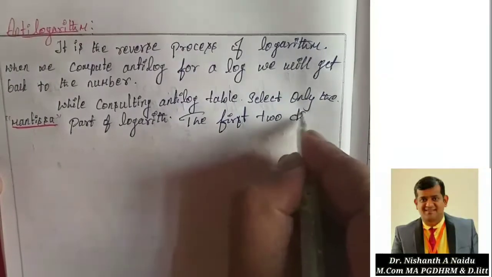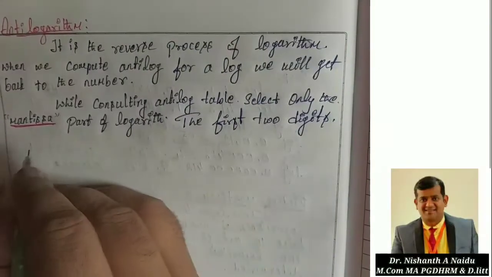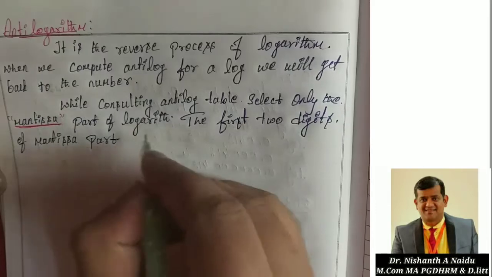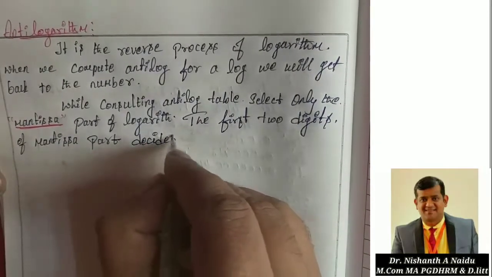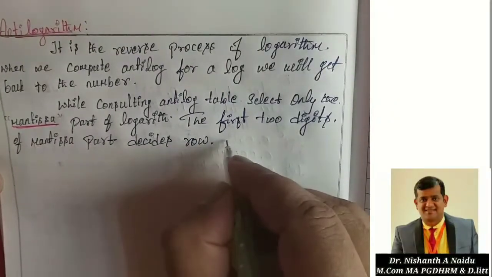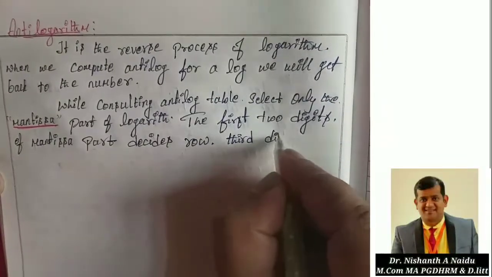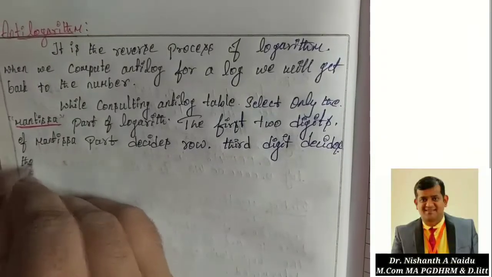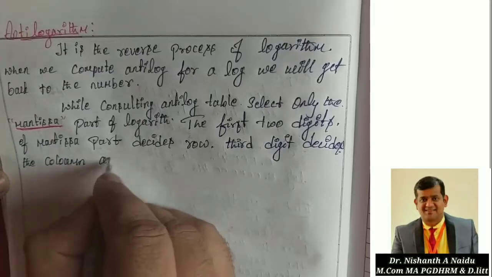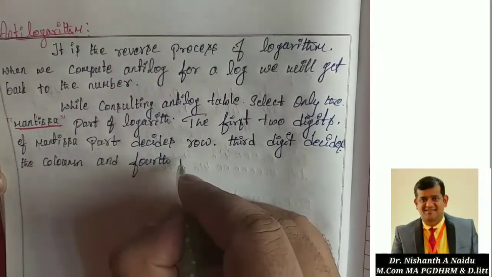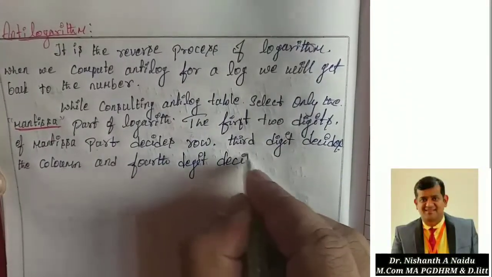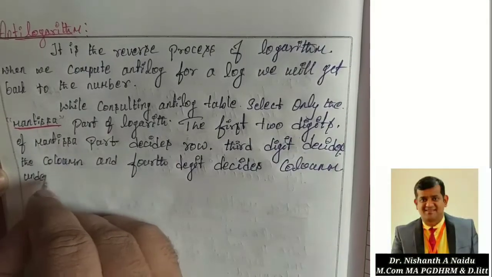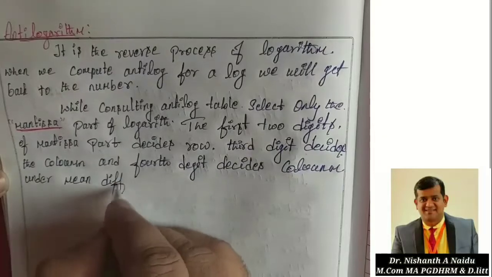The first two digits of the mantissa part decide the row, the third digit decides the column, and the fourth digit decides the column under mean difference.